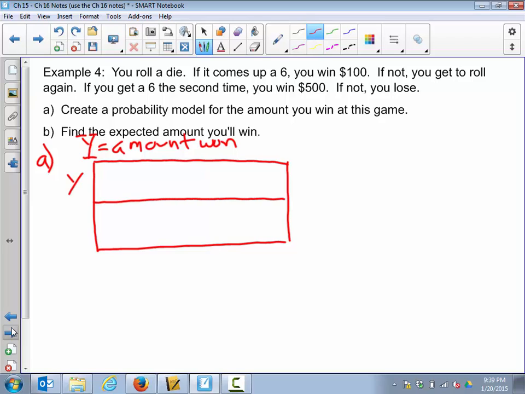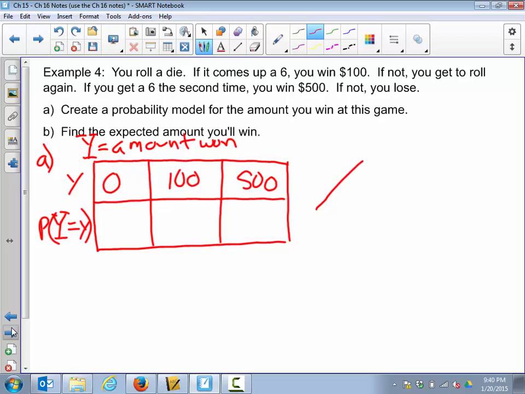Well, lowercase y, being all the specific values that the random variable can take on, we have, you can win nothing, you can win $100, or you can win $500, okay? And then in the second row, remember that's the probability that your random variable take on a given value from the first row. Well, we don't have these probabilities yet. They're not given to us. So let's see if we can come up with, from a tree diagram, what would happen here.